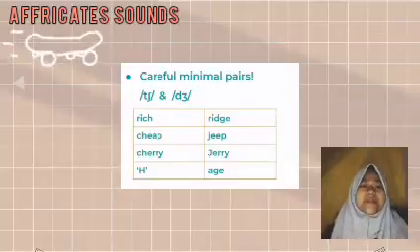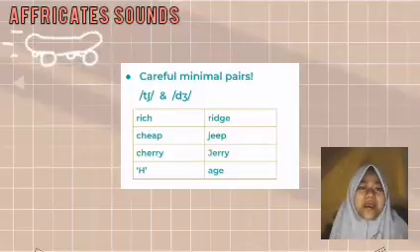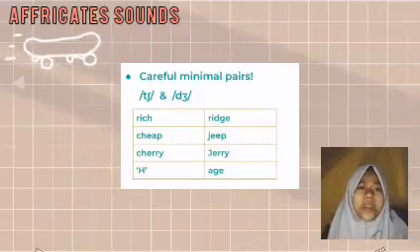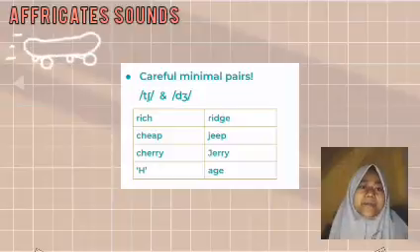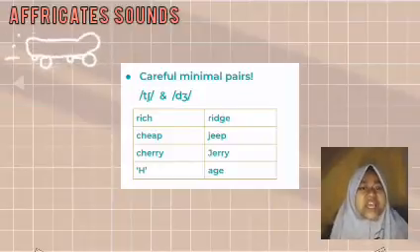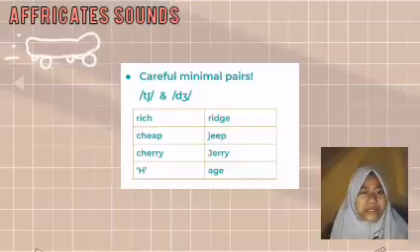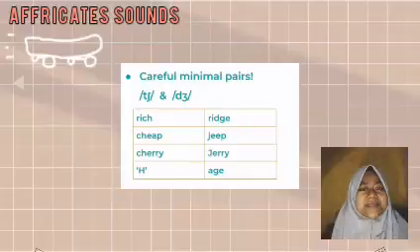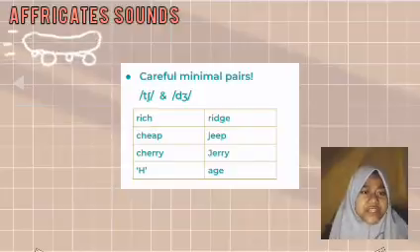So let's have a look at a couple of minimal pairs of ch and j. We have first up rich, ridge, cheap, jeep, cherry, Jerry. Now Jerry is a name, that's why it has a capital J. And last, H, the name of the letter H, and age.